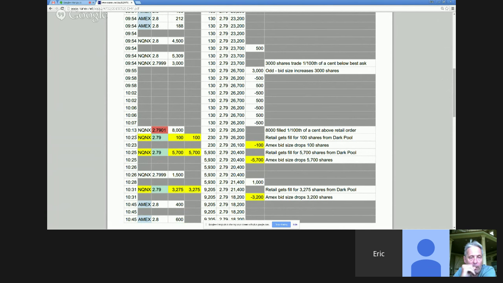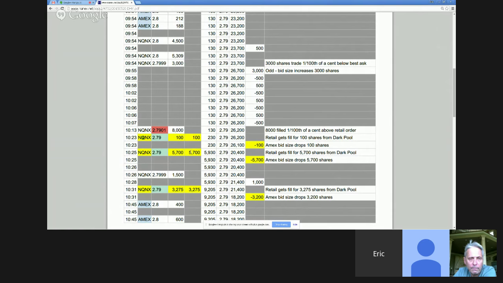And then his print comes in about 10 minutes later. Now, after his print, he's getting filled on a dark pool, the American Stock Exchange bid drops by 100. It's as if his order was sitting there on the American Stock Exchange.